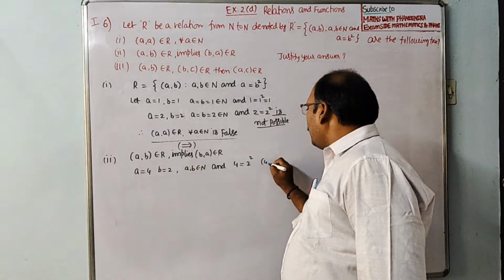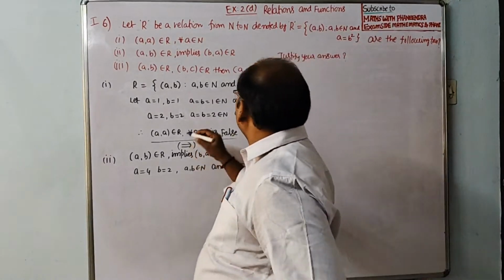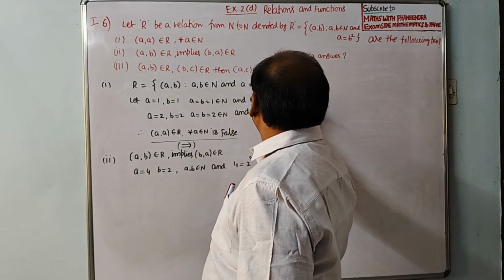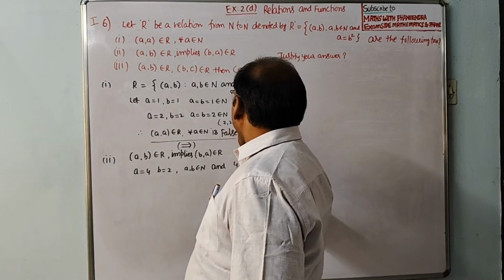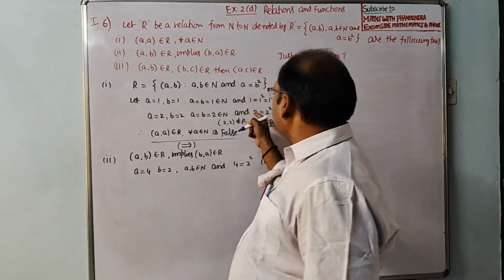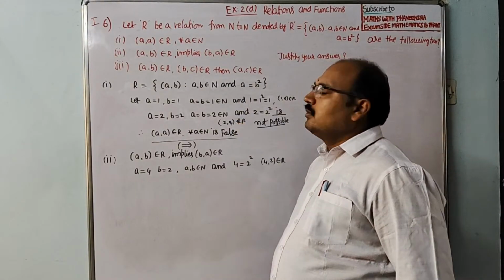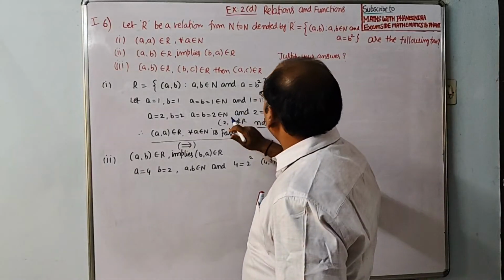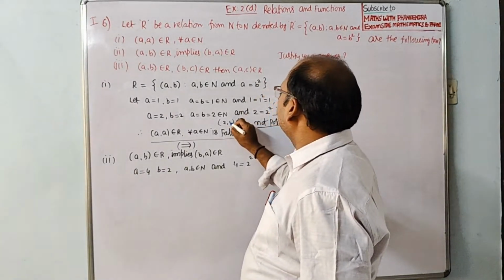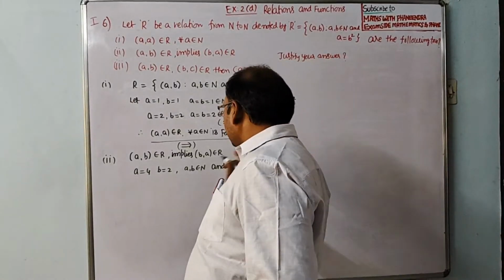Yes, (4, 2) belongs to R. Also 1, 1 belongs to R. But here (2, 2) does not belong to R, because a is equal to b square does not hold. But (4, 2) belongs to R.